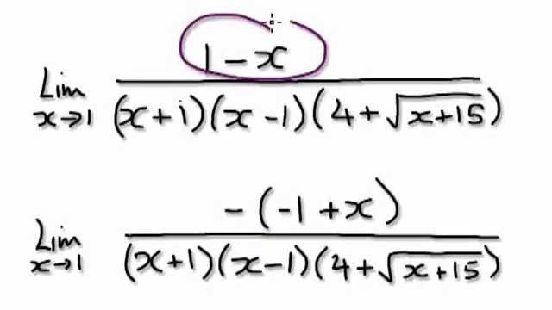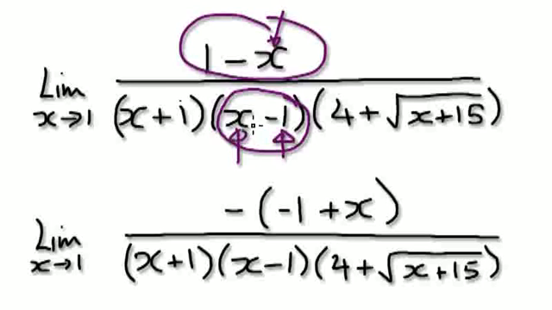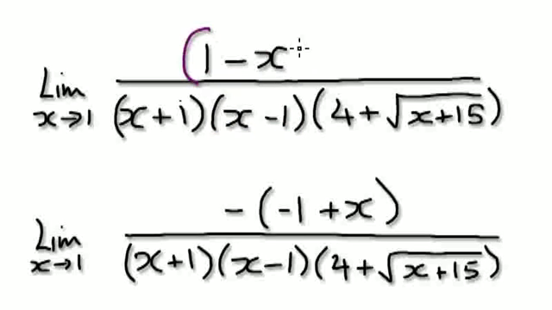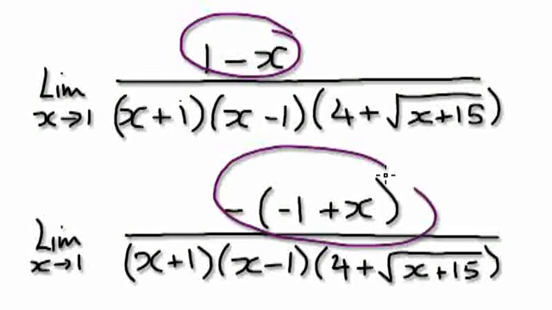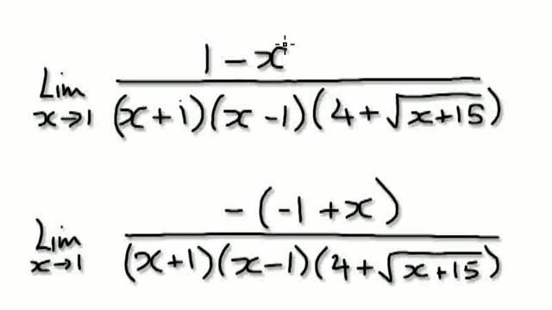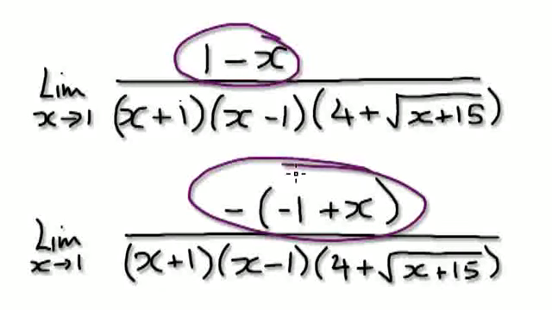When you're looking at these, I have a hunch that these two will cancel each other out. But here you've got positive 1, here you've got negative 1, here you've got negative x, here you've got positive x. And the trick is to factor out the minus 1. That's a trick. So this bit here, let's factor out the minus 1. These two are actually the same thing, just written slightly differently. So this is exactly the same as this here.